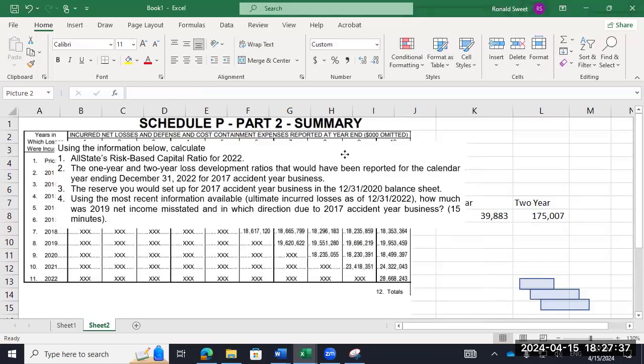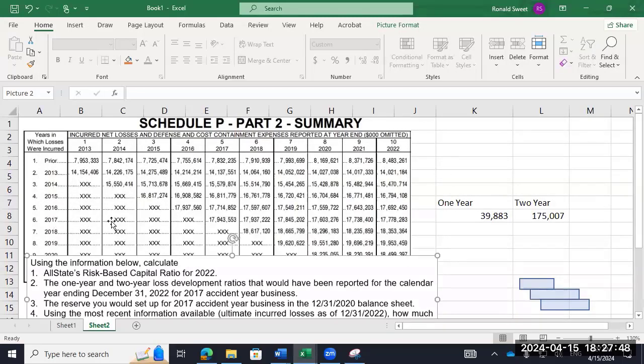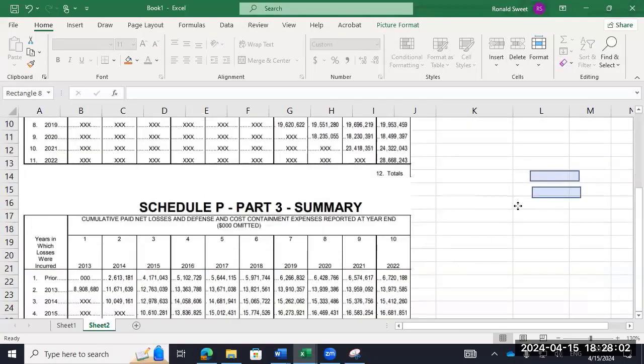All right. Third question, the reserve set up for 2017 accident year. We're doing 2020 balance sheets. 2017 for 2020. So there's the overlap there. And then the same thing down here.